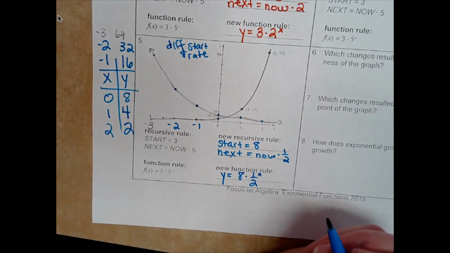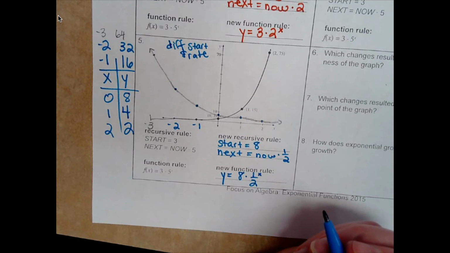Does this have the same rate of increase, like half compared to 5? 2 would be the opposite of 1/2.